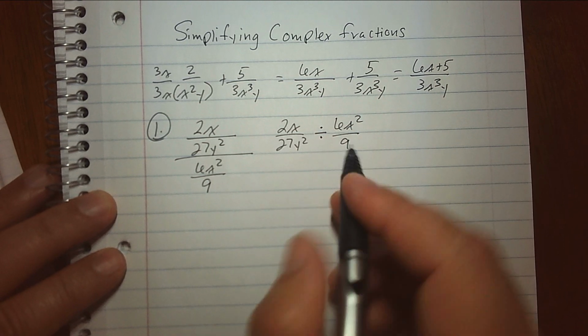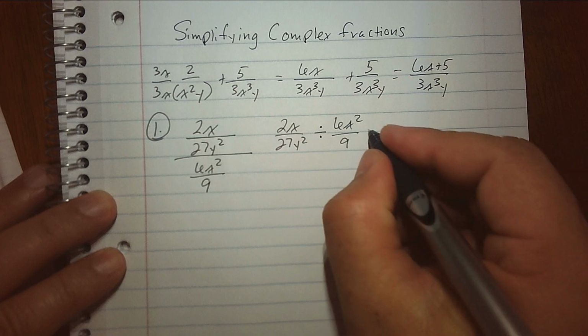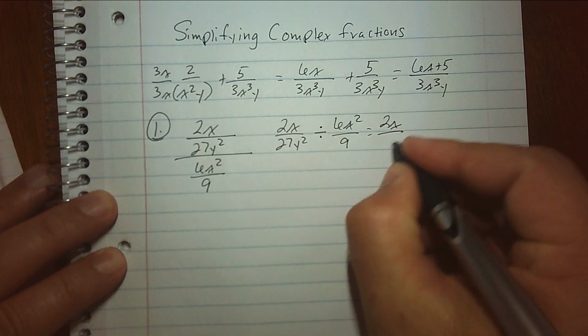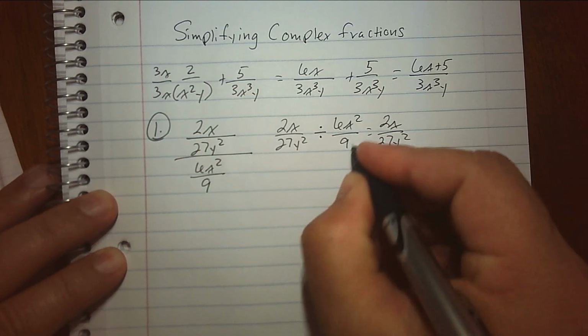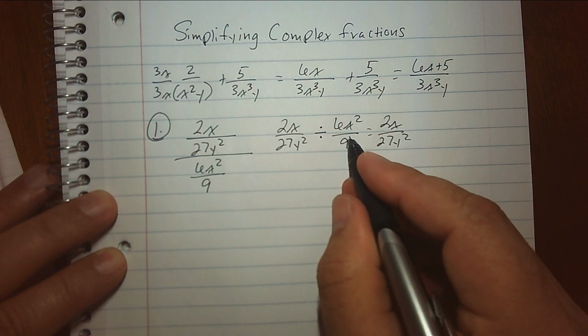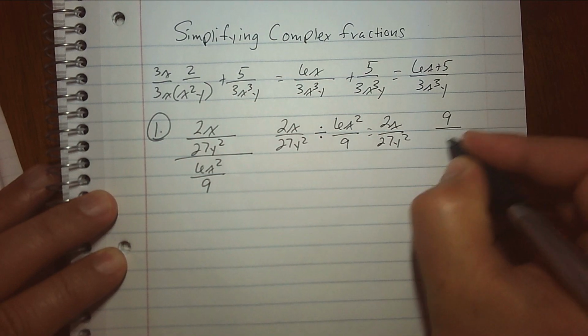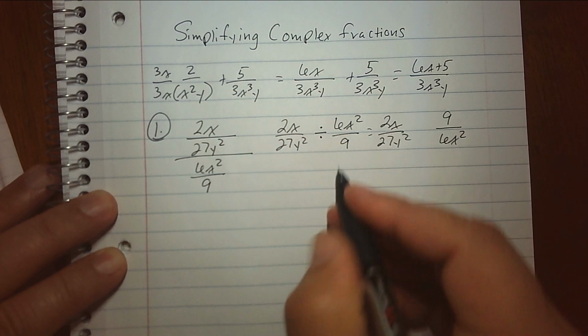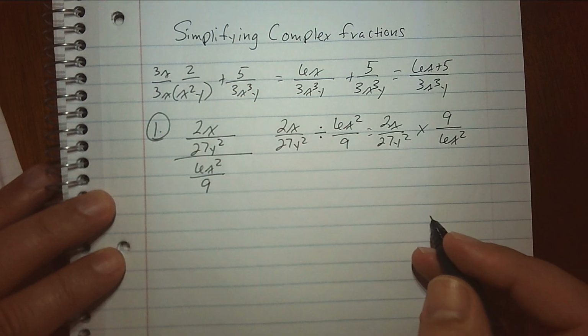Okay? So remember, we keep the first one the same. We do the reciprocal, or flip the other one. And we change it from division to multiplication. Keep, flip, change.